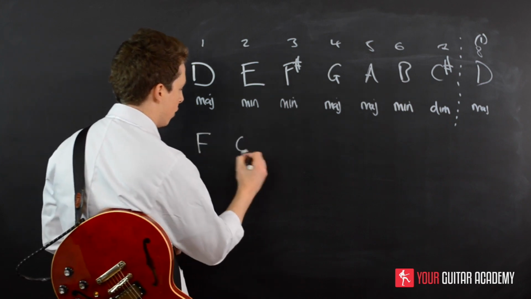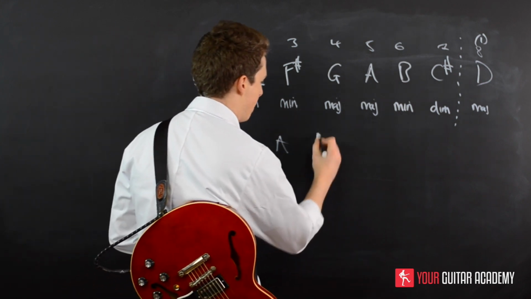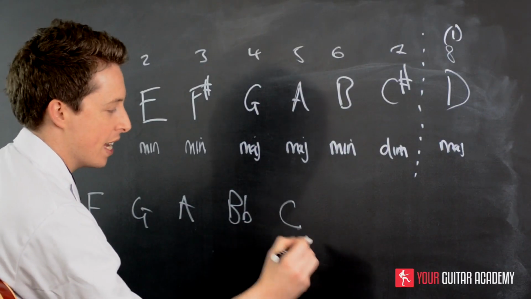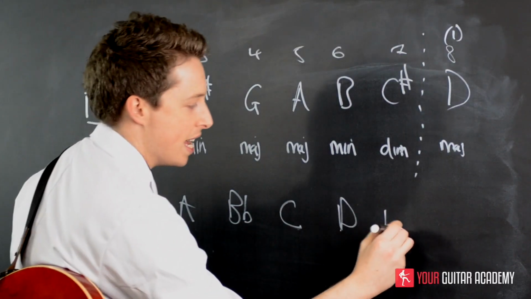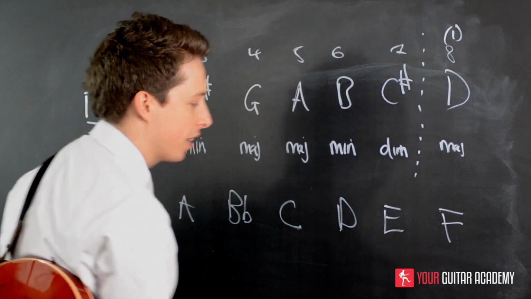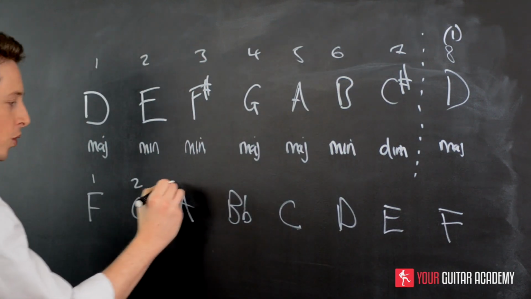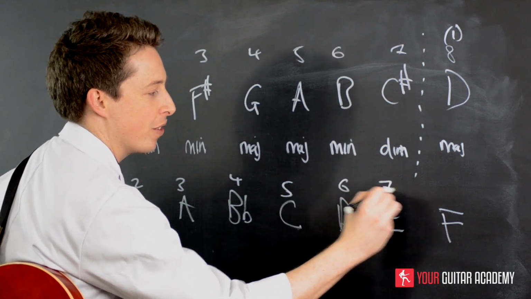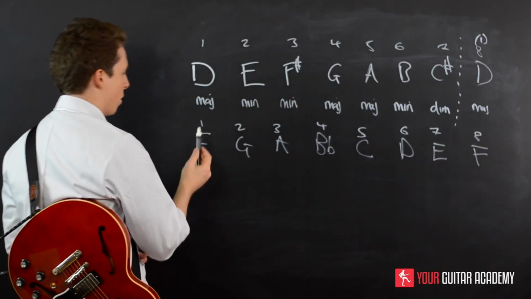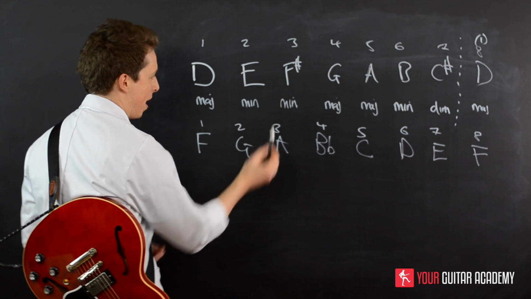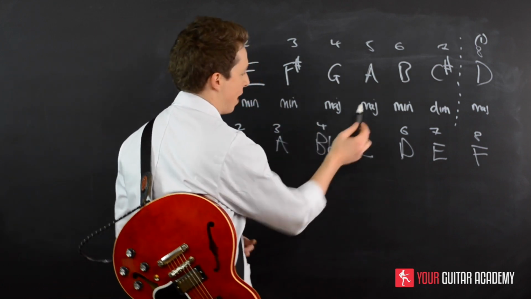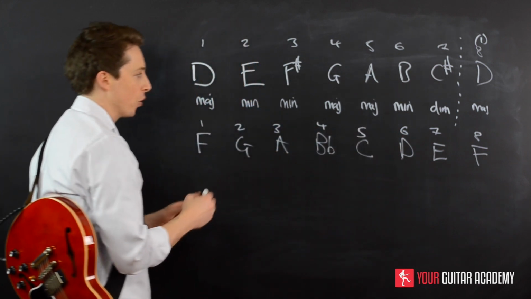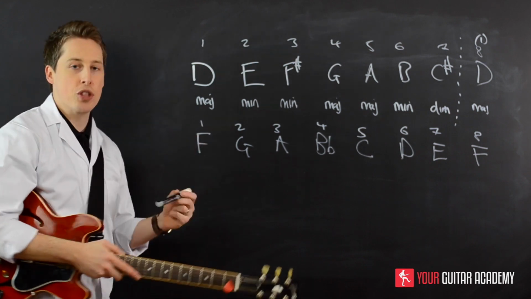So F, G, A, B flat, C, D, E, and then back to F again. The 1, 2, 3, 4, 5, 6, 7, and then 8. Again, we'd have an F major, a G minor, an A minor, a B flat major, and so forth. They literally just match up to the numbers.